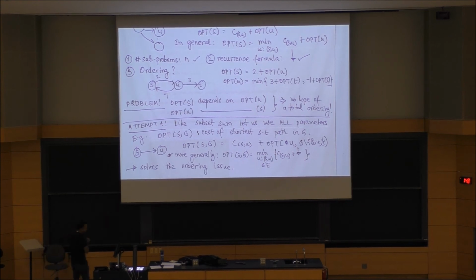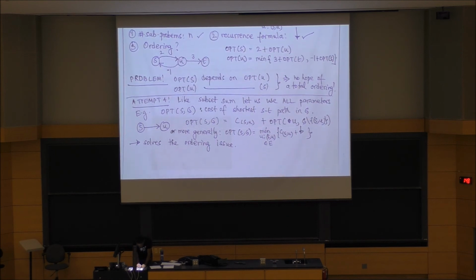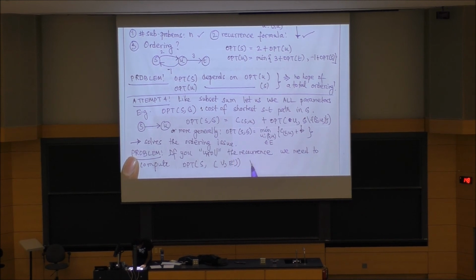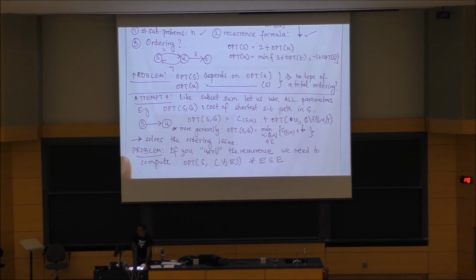So if you try to unroll this recurrence, we need to compute opt of S, and the graph would be, again, the set of vertices don't change, but I need to look at essentially all possible subsets of it.